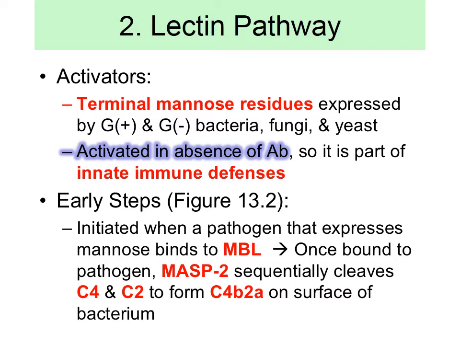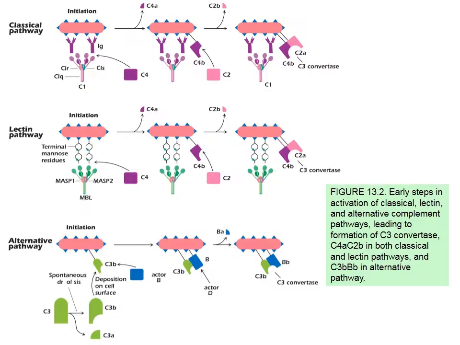If you look at the early step, initially a pathogen that expresses mannose binds to mannose binding lectin, and once it binds, a sequence of events happens all the way from C4 to C3, and then C4b2a on the surface of the bacterium. And if you look at the step over here, you will see all those steps in terms of comparison of the classical, lectin and alternative pathways.